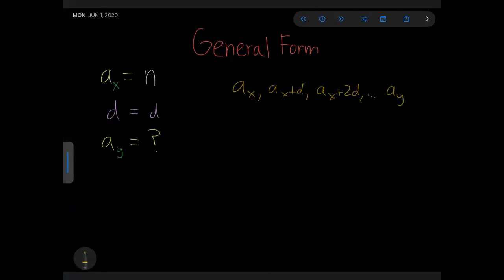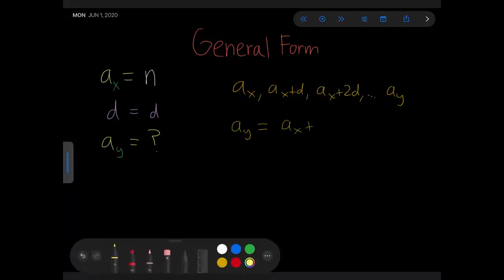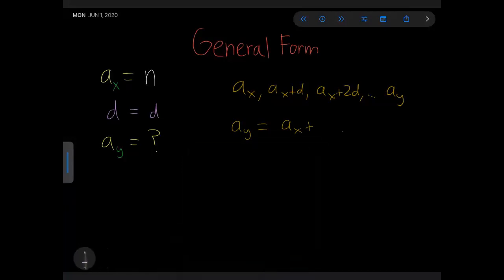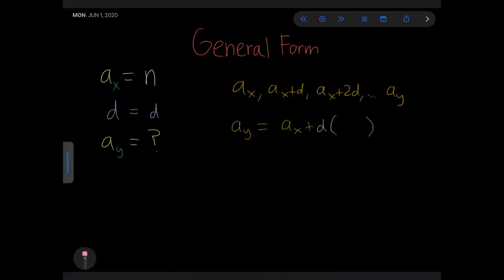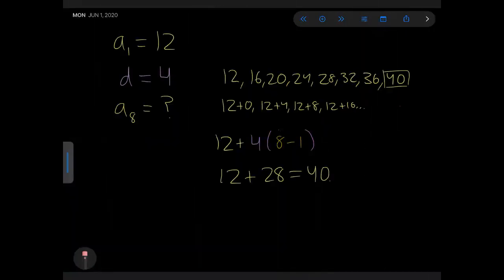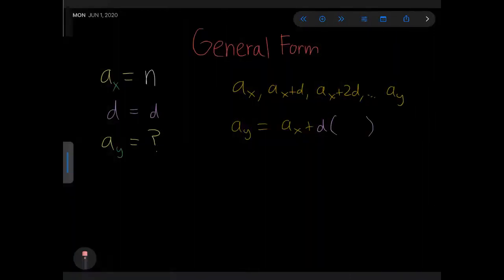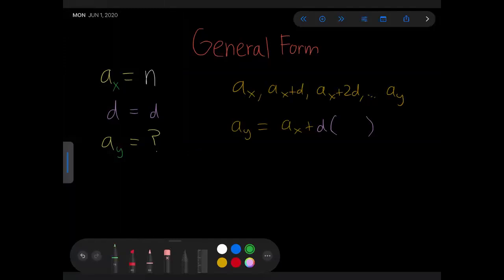So we want to use the same logic that we did before. We know that a sub y is going to be in the form of a sub x plus d times something in parentheses, right? Let's get rid of that dot. So what is in that parentheses? Well, if you remember last time, the parentheses was the difference between the two terms. We did 8 minus 1. So this time, instead of 8 minus 1, we're going to do y minus x.